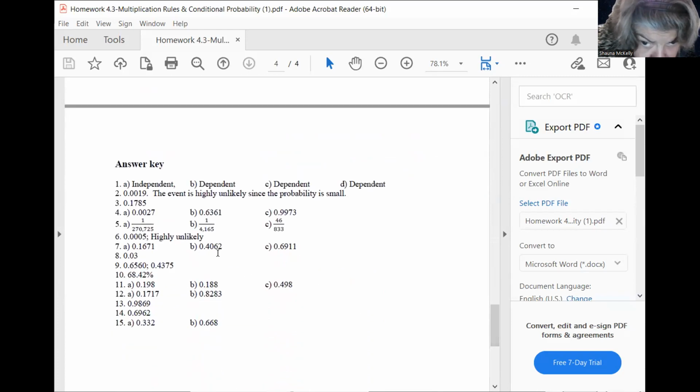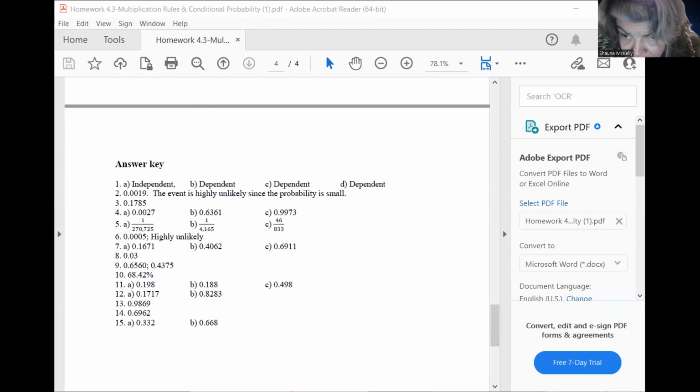There it is, 0.4062. That's where it came from. So we have about 40.6%. This is my second part of this question.